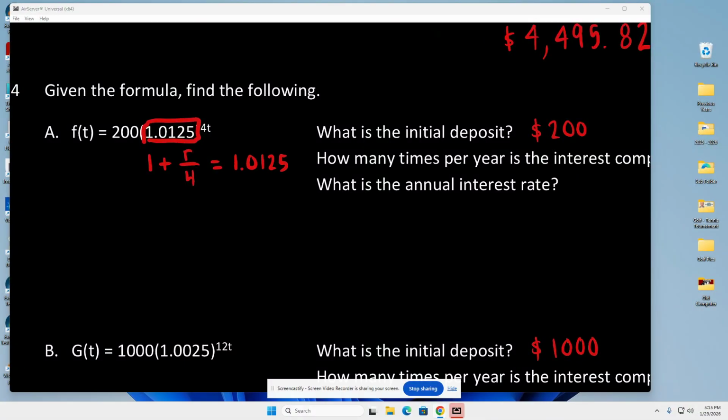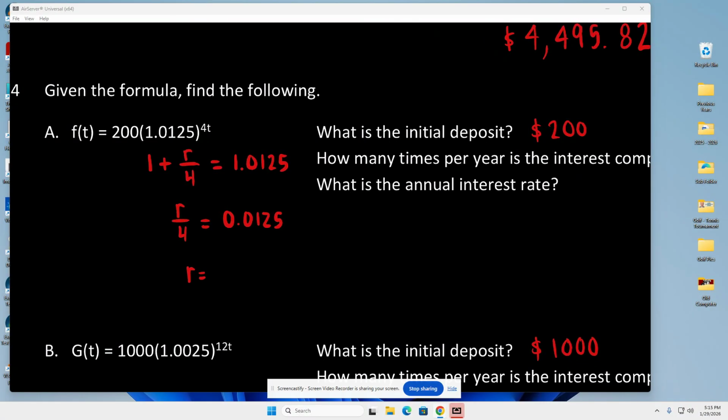You understand? So how would I solve that now? Well, you know how to solve equations. Don't we need to get r alone? Well, I can't move the 4 yet because this 1 is over here. So don't I first need to subtract 1? So I'll be left with r divided by 4 equals 1.0125 minus 1, which is 0.0125. So how do I finally get r alone? Well, what's the opposite of dividing by 4? You multiply by 4.